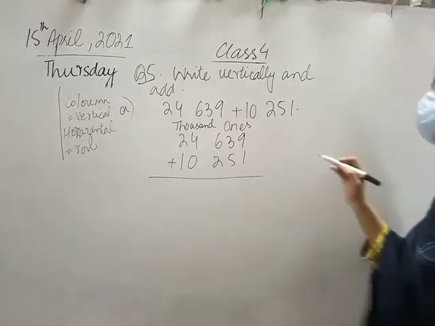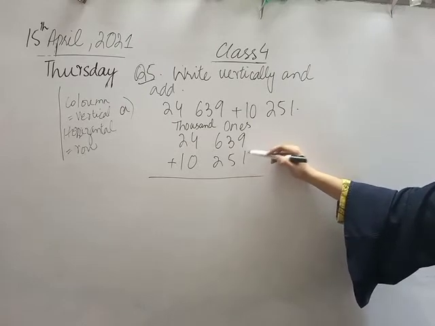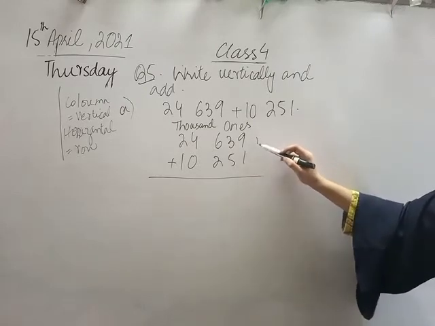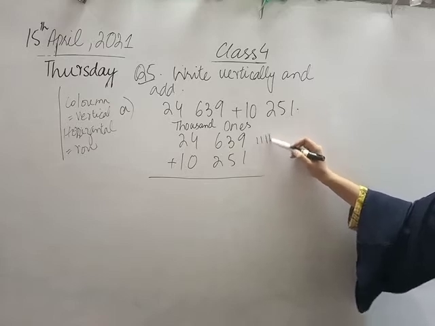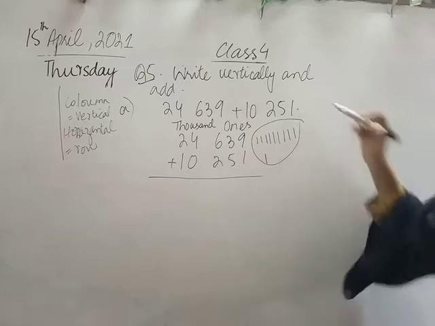Now I am going to start from this side and add one by one, which is 9 for upper, 1, 2, 3, 4, 5, 6, 7, 8, 9, and 1 for lower.